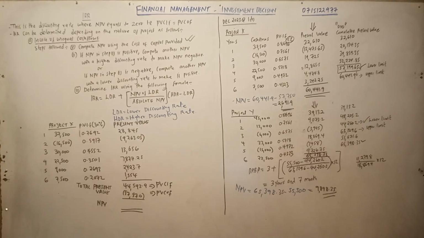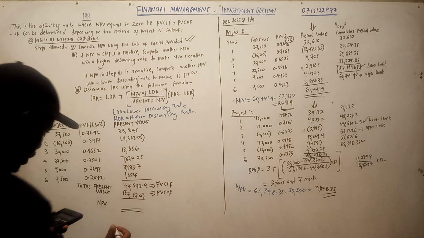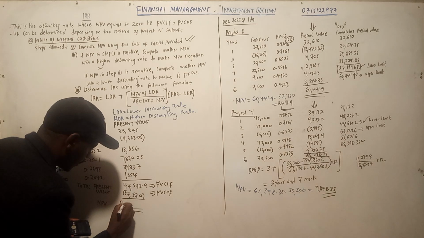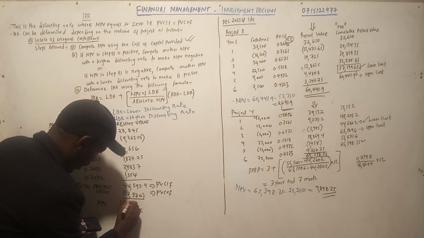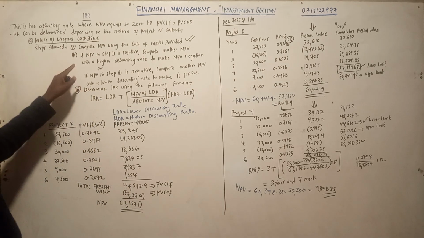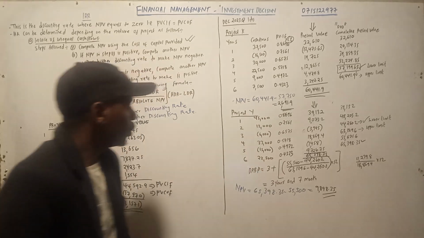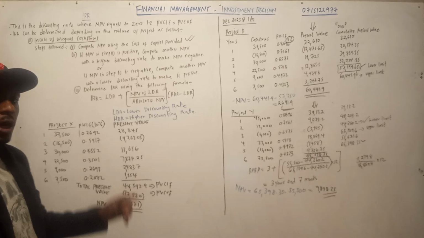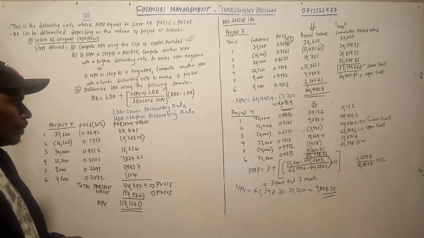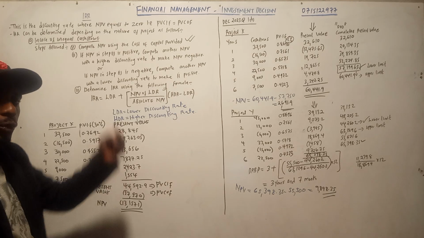So 44,592.9 minus 57,750. So ukiless unapata negative 13,157.1. So ndio hiyo. So if NPV in step 1 is positive, which it was, you are supposed to calculate another NPV which must be negative. But for you to make it negative, you use a higher rate.